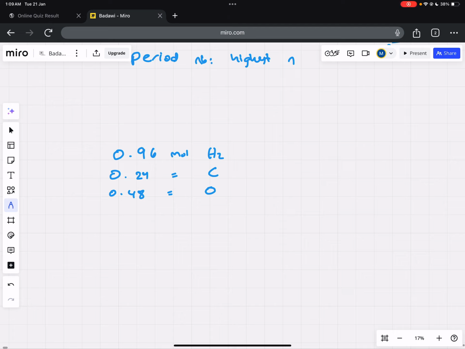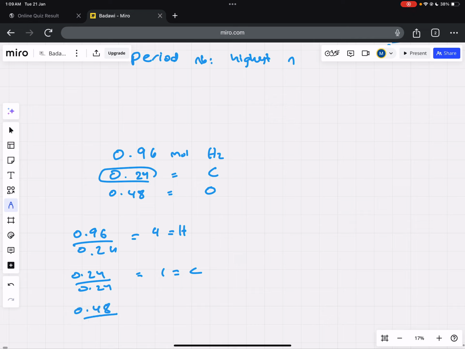We're going to divide by the smallest ratio, which will be 0.24. So 0.96 divided by 0.24 will be 4. This is for hydrogen. For carbon, 0.24 divided by 0.24 will be 1. And then for oxygen, 0.48 divided by 0.24 will be 2 for oxygen. So my formula is going to be CH4O2.